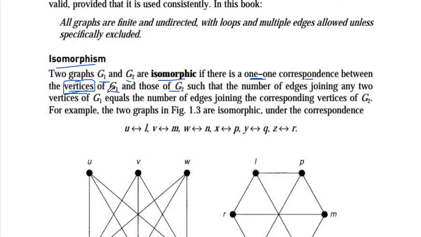It is a correspondence between the vertices of G1 and G2, such that the number of edges joining any two vertices of G1 equals the number of edges joining the corresponding vertices of G2.